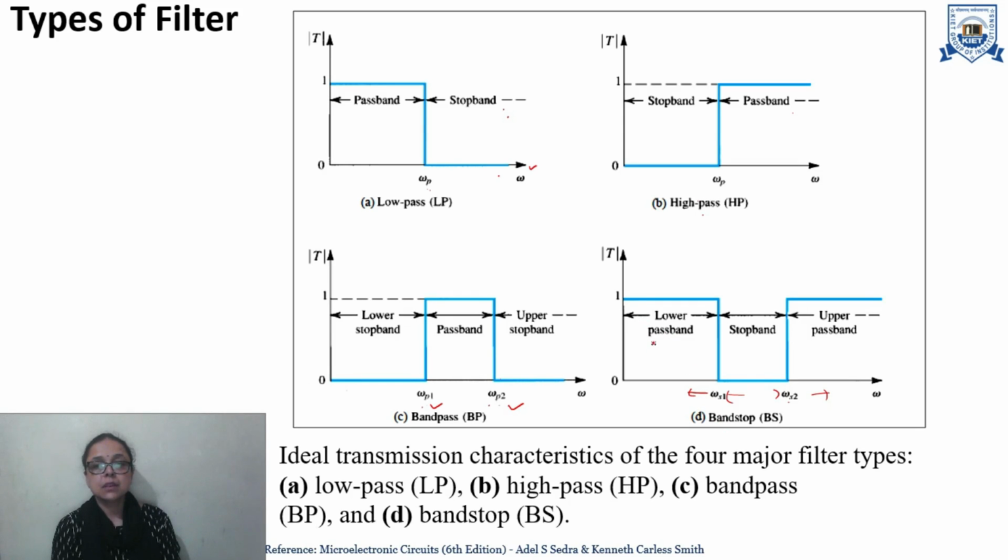So this is the lower pass band and this is the upper pass band for the band stop filter. This is the ideal characteristics of all the filters that we have, and in this way we can analyze how the filter passes a range of frequencies and stops a particular range of frequencies.